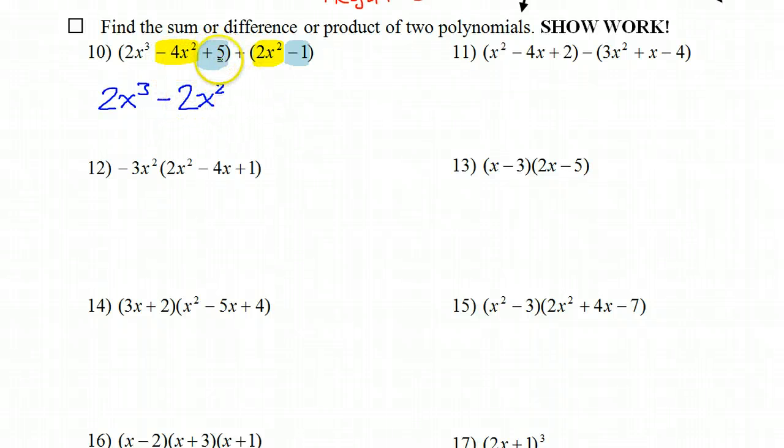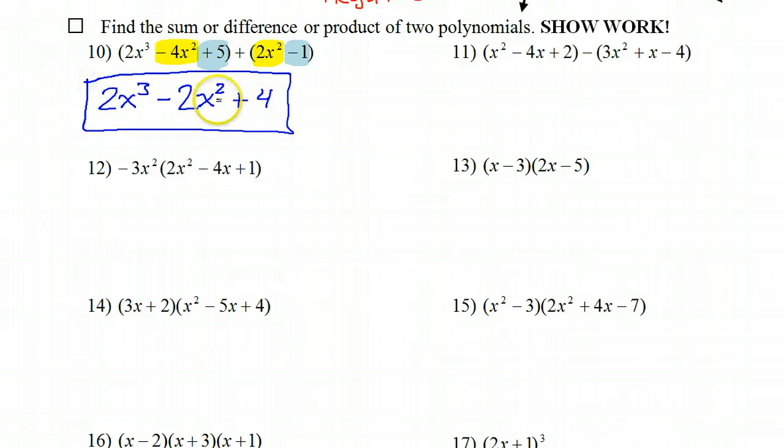Okay? And then finally we have 5 minus 1, so that is positive 4. So boom, there it is. Okay, notice it is not x to the fourth power or something. When you're combining like terms, only the coefficient is going to change.